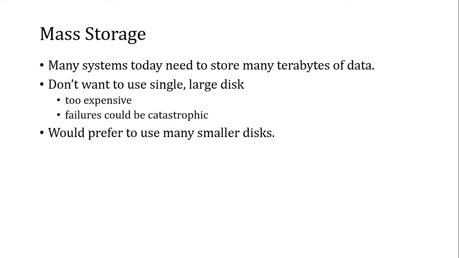Many systems today need to store many terabytes of data, like Facebook and social networks, which have lots of images and videos, and YouTube, these sorts of things. Whenever you are using terabytes of data, you think that a single disk or merged disk is not a sufficient solution, because you also need some guarantee to protect your data.